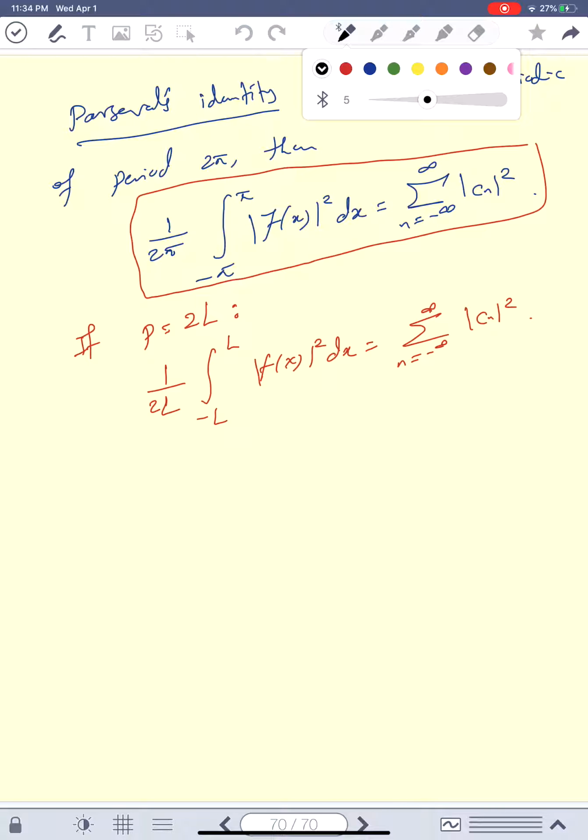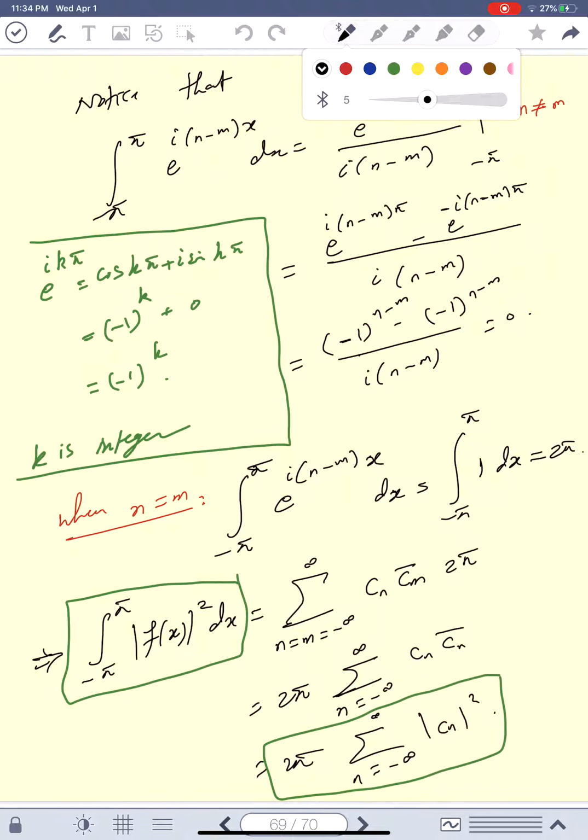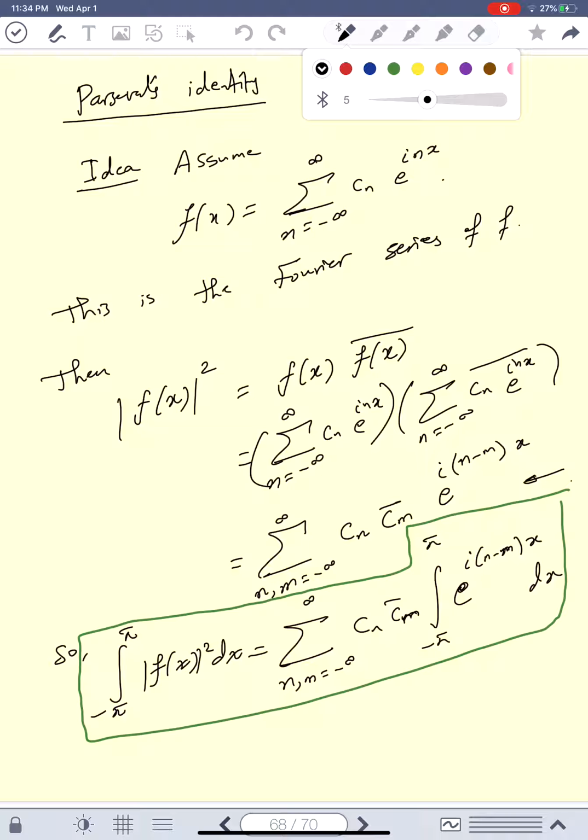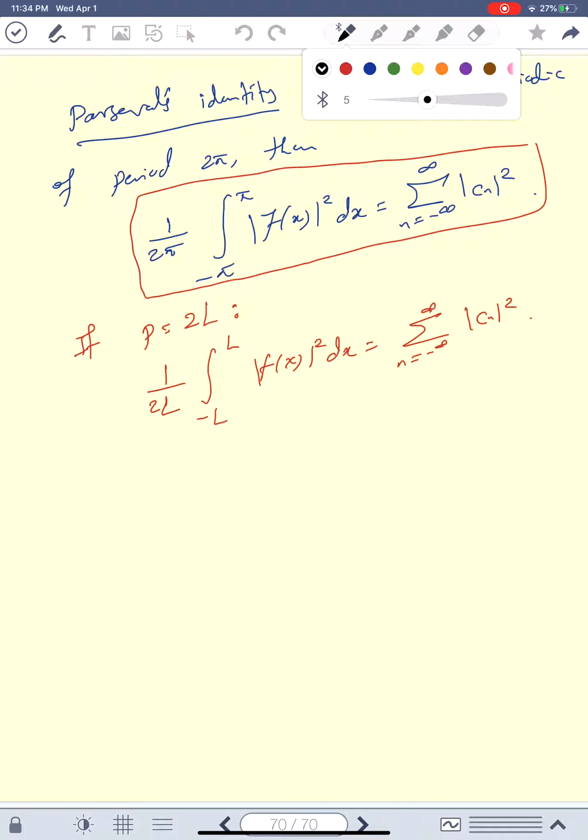Let's see a few applications of this identity. And please note, this is the complex version of Parseval's identity. What do we mean by the complex version? I mean, I started with the complex Fourier series and found this Parseval's identity. But what happens if you start with the real Fourier series? Then yes, you have another form of Parseval's identity.